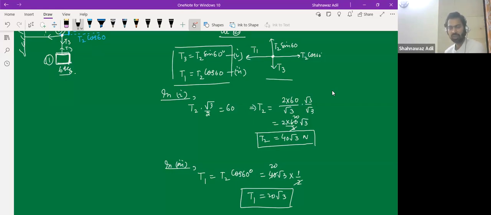That's done. So now you are confident that you can make free body diagrams, right? If you are given three forces, tension, normal reaction, and gravity, then you can solve those questions and make those free body diagrams, right?